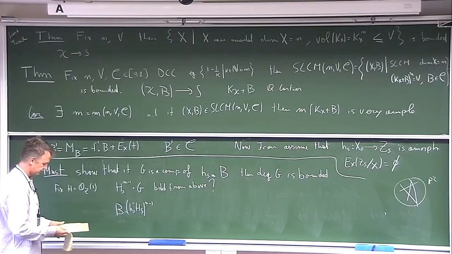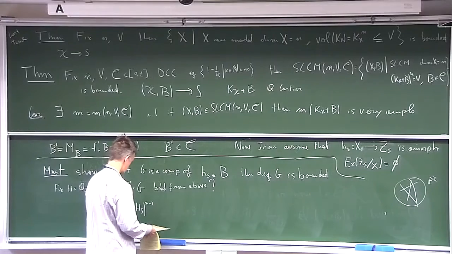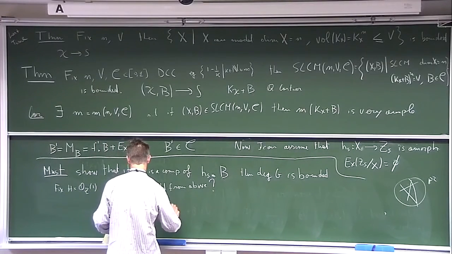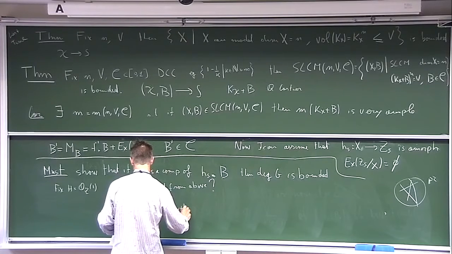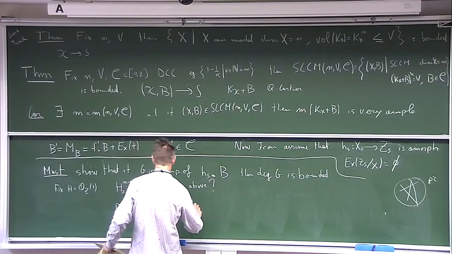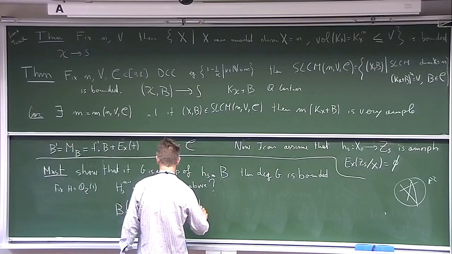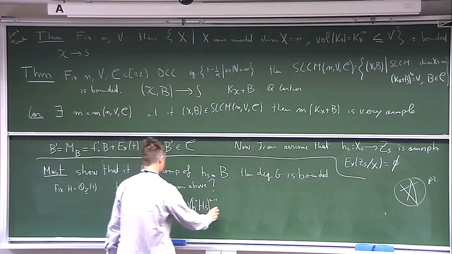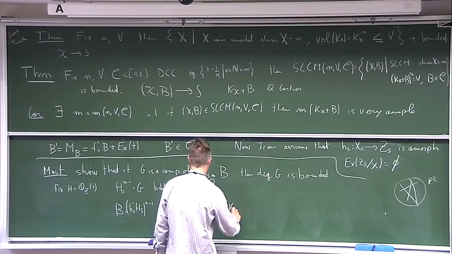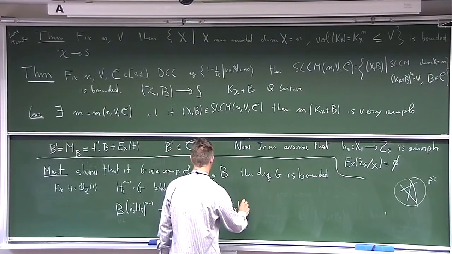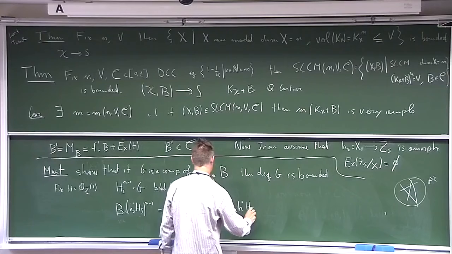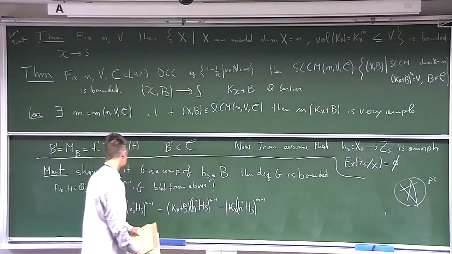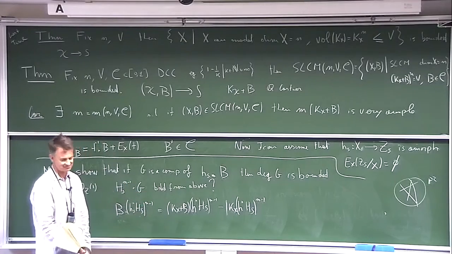And so this is going to correspond to the degree of K_X plus B, minus the degree of K_X, times H upper star of H_S^{n-1}. I'm going to say something very stupid now. All I'm saying is that B is K_X plus B minus K_X.